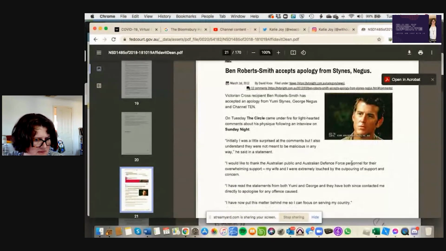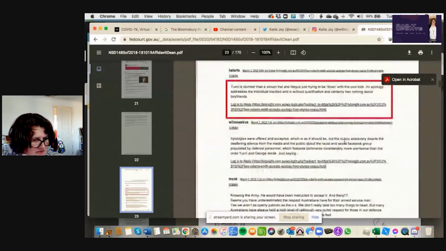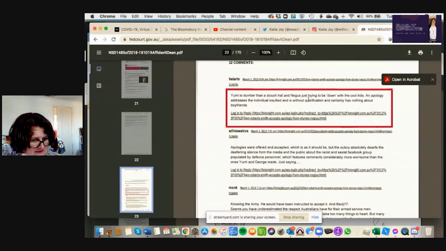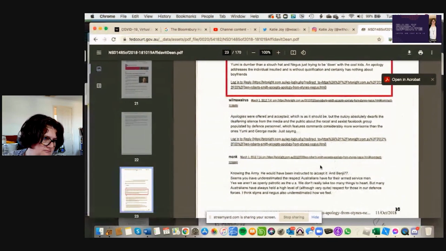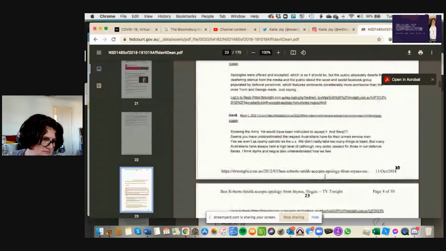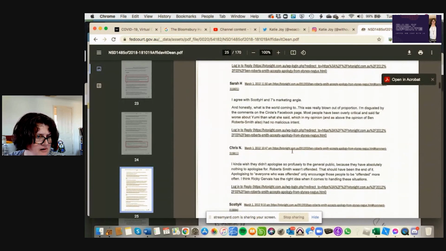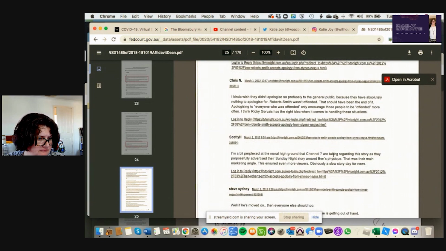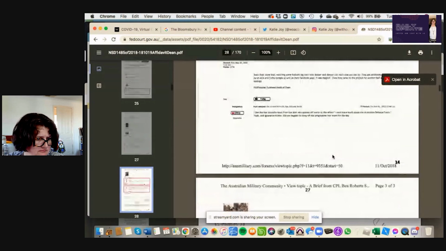So they've got all the newspaper articles here that they've been talking about. And then they've highlighted this. So the ones that they've identified, they've highlighted here. Yeah.